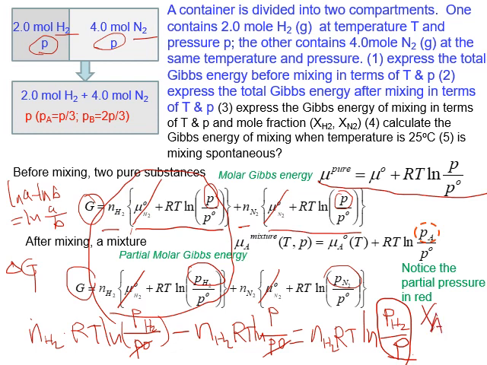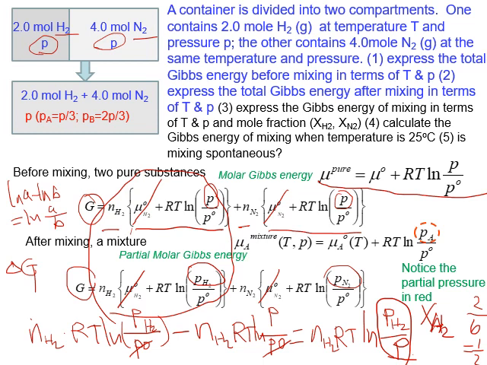The mole fraction of hydrogen should be 2 moles divided by 2 plus 4, which is 6, and that will be 1 divided by 3. Therefore this should be n hydrogen RT ln mole fraction of hydrogen. So that's the first term.